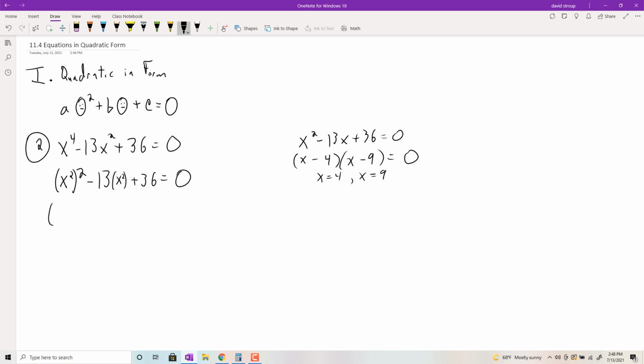So when I go to factor it, it's going to be the same as what we did over here: minus 4, minus 9. It's just that instead of putting x and x, I'm putting in whatever's in the parentheses, the x squared. That's the new thing. x squared and x squared, and then the rest is the same. You just set them equal to 0.